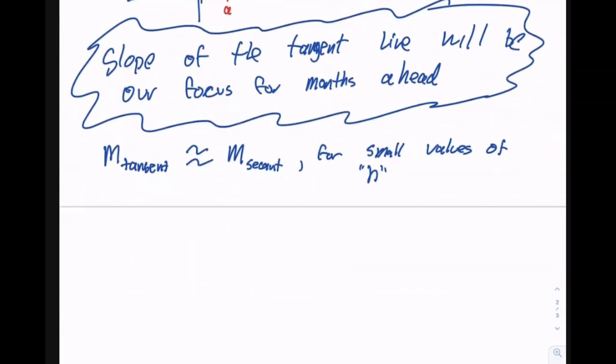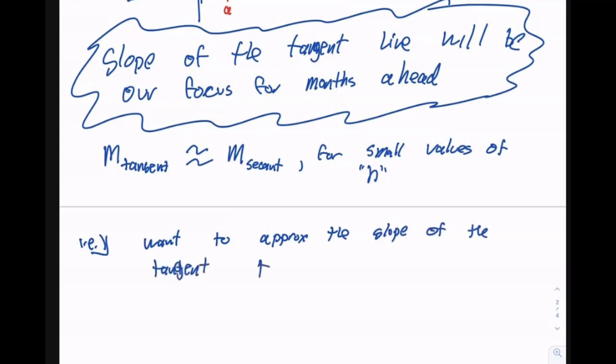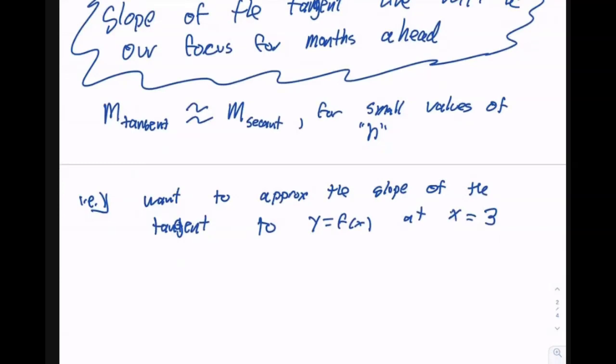So for example, we're not going to do a full example here, but we want to approximate the slope of the tangent to some function y equals f of x at x equals 3.